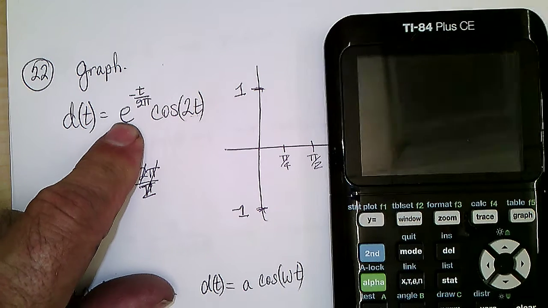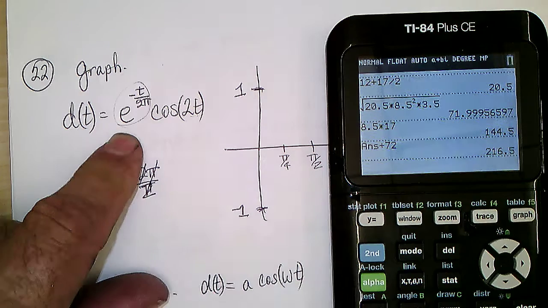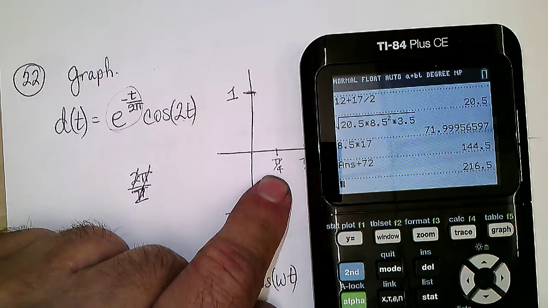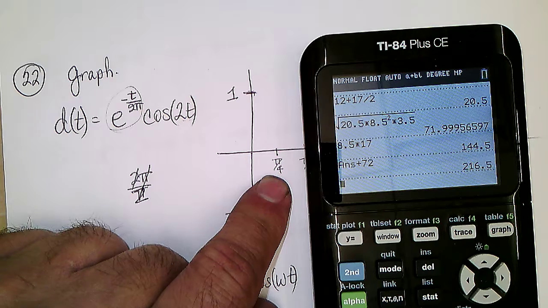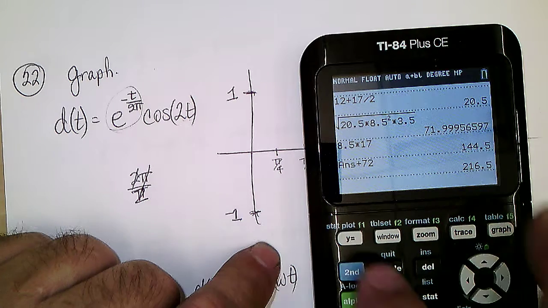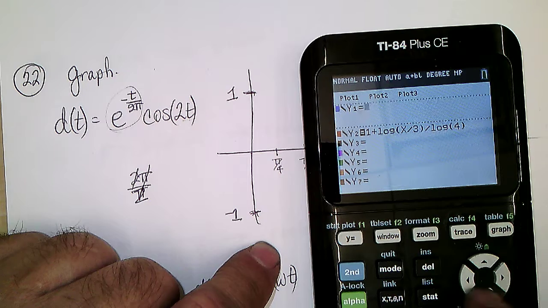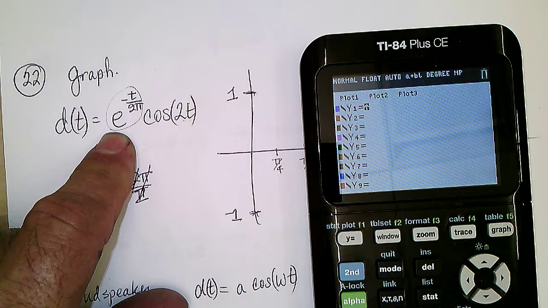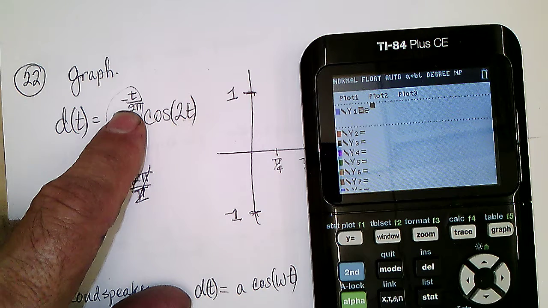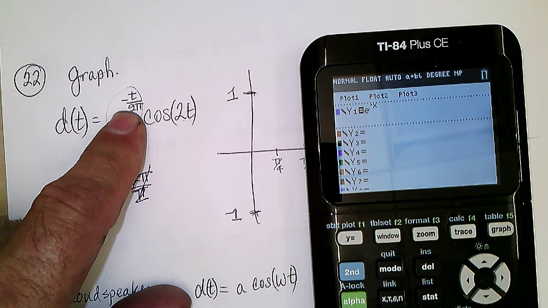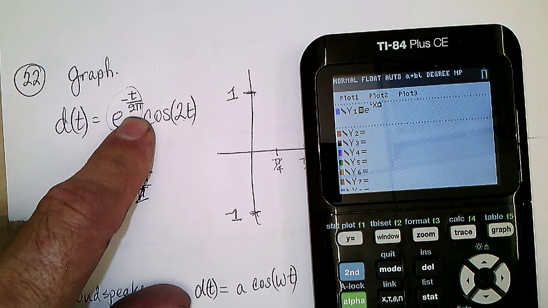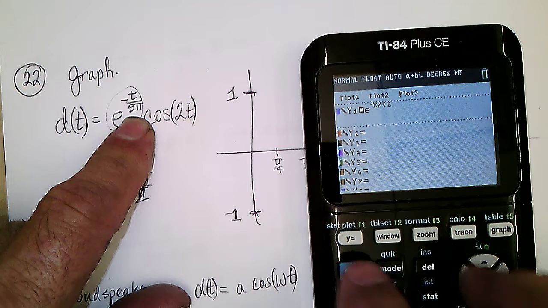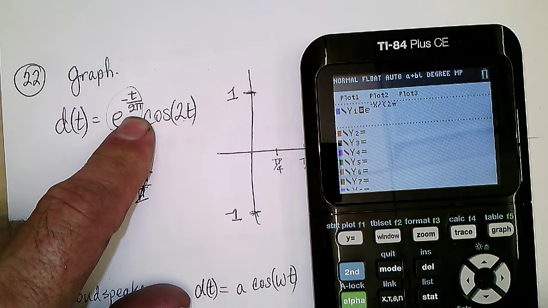So we want to know the amplitude. This determines the amplitude, and it's changing. Actually, let's do this. We want to know what e to the minus x, whatever I put in for the x, divided by parenthesis 2 pi, close parenthesis.